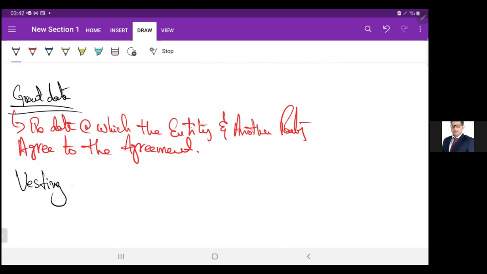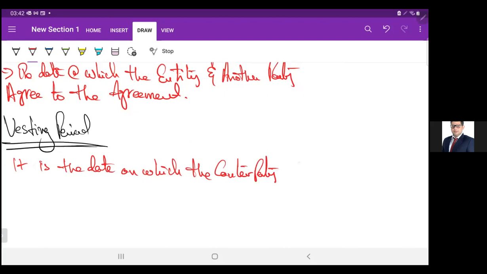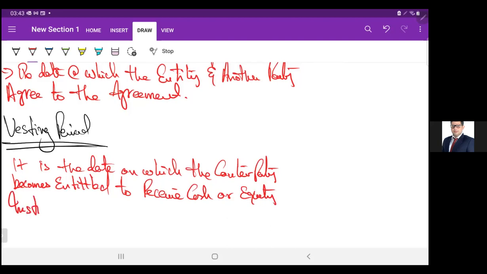So hold on, folks. Vesting period means the date on which the counterparty, for example employees, becomes entitled to receive the cash or equity instruments under the arrangement.